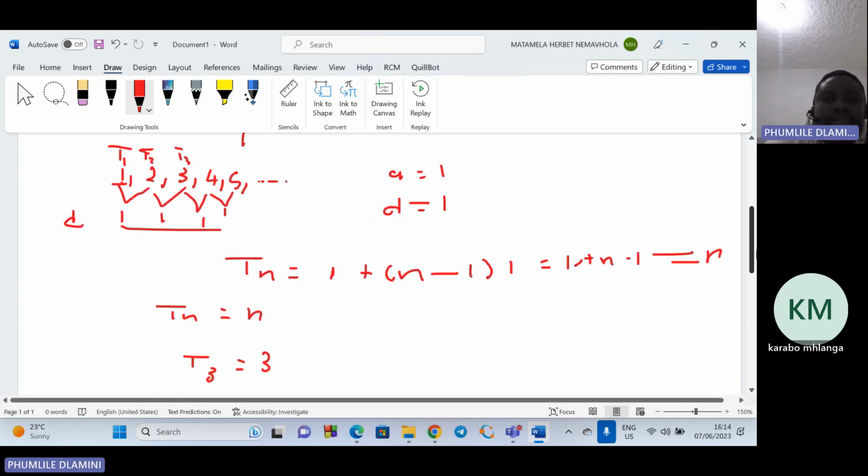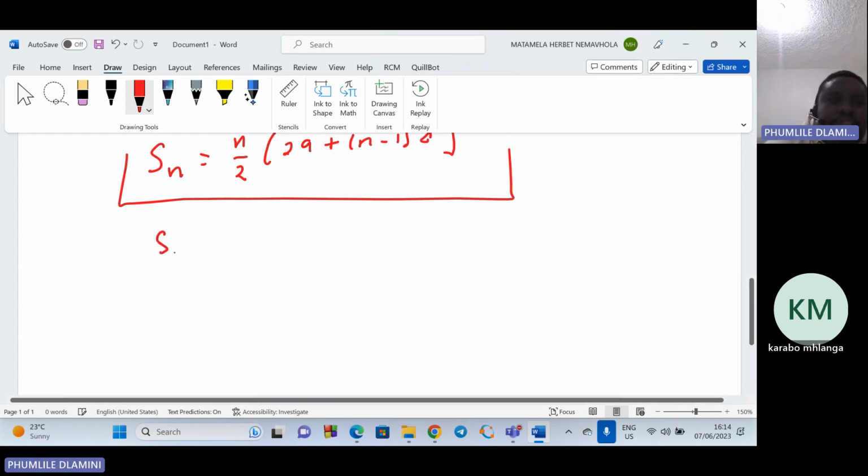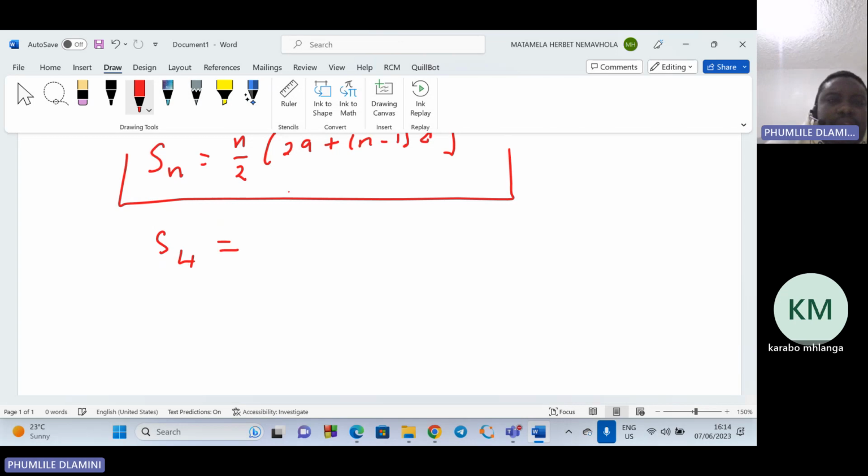So in the sequence we are working with, if I want to find S4, which is for the first 4 terms, it's going to be n, which is 4, over 2, in brackets 2 times our first term, A, which is 1, plus 4 minus 1, and then our D was 1.